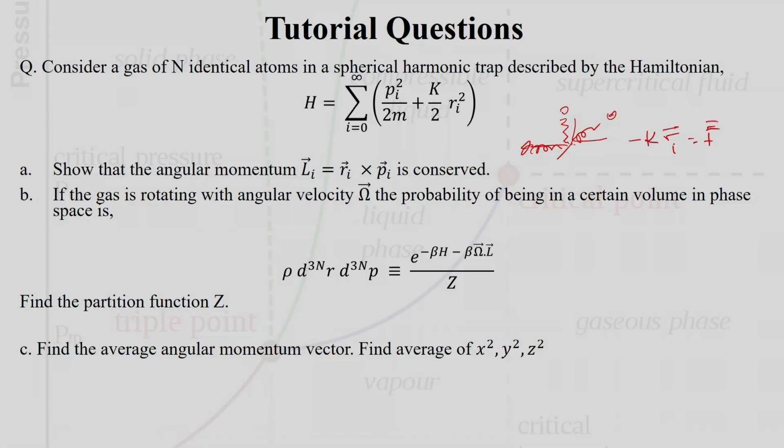So, this is the Hamiltonian of such a system. If you have n atoms, there is a kinetic energy, and then Ri squared, which is basically xi squared plus yi squared plus zi squared.